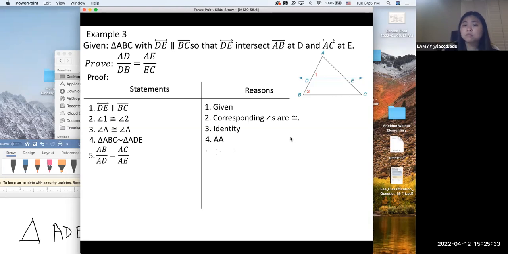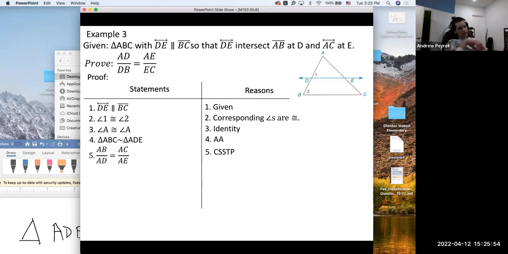CSSTP, congruent similar triangles, the sides are proportional, right? We are not done yet. We have to make it AD over DB, not the AB.